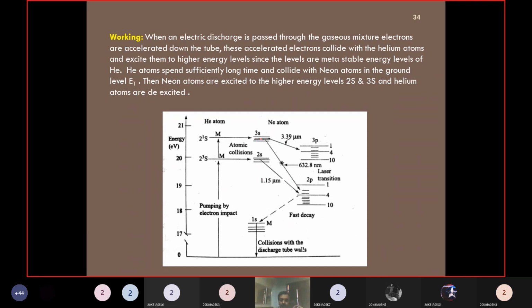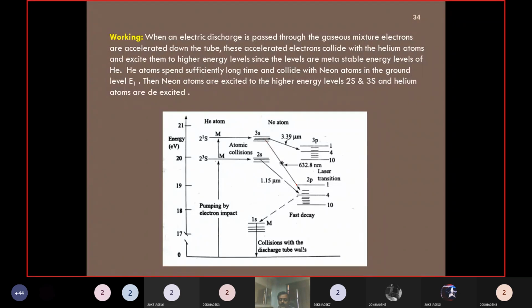So here transition occurs between 3s and 3p because here delta n equals 0, so the selection rule is satisfied. Again, here also transition will take place from 3s to 2p, where delta L equals plus or minus 1, so here also the selection rule is satisfied.